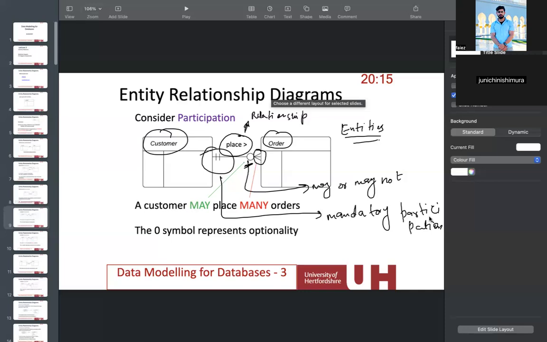Like if I go on Amazon or any other online shopping platform, I have to create my account, give them my contact number, my address and everything. Then they say, okay, fine, now you can place an order. You might have seen that you can add things to the wish list, like I wish to buy this later.